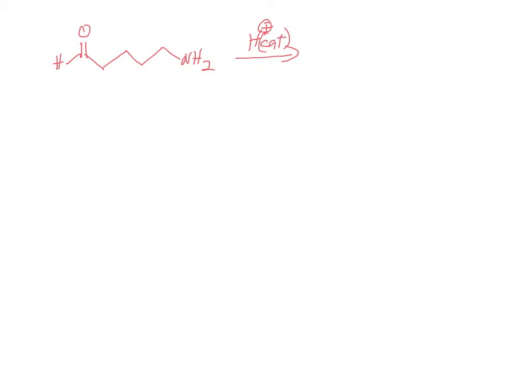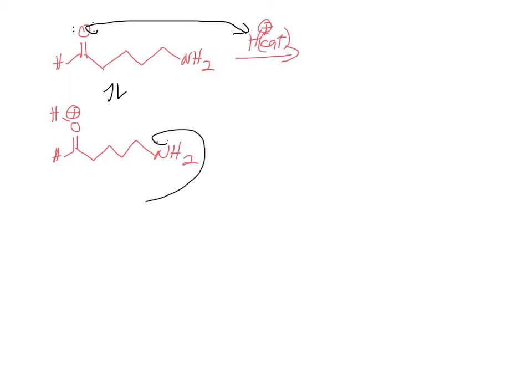So the first thing that's going to happen, we're going to protonate our aldehyde. Make it a better electrophile. Now this case is an intramolecular reaction. The amine is in the same molecule.